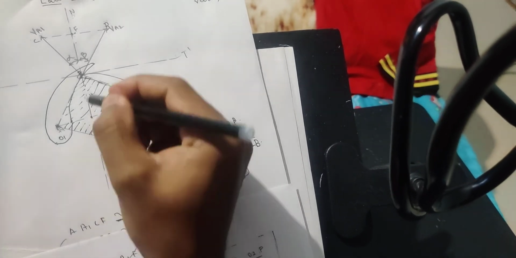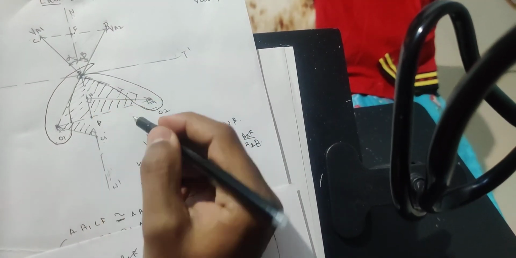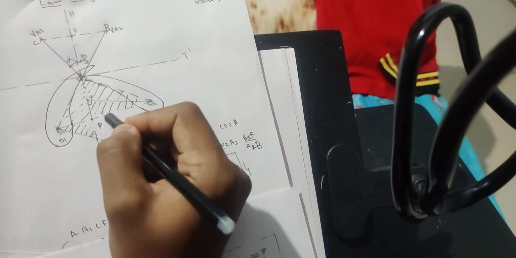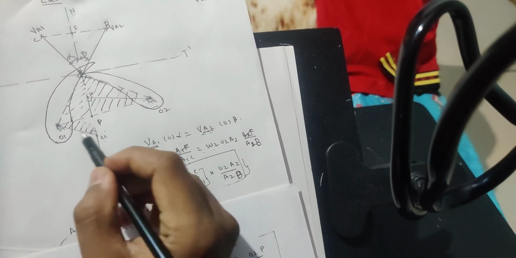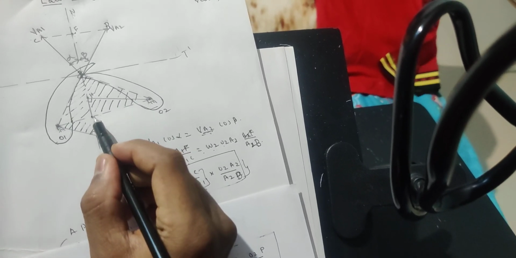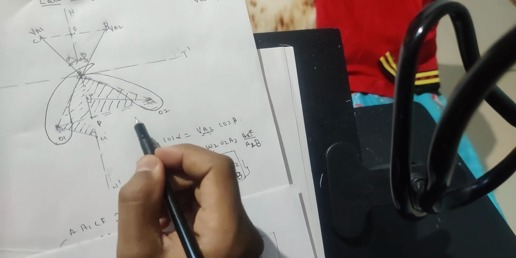A2H upon A1G can be written as O2H upon O1G. Since these two triangles are similar, I took these two lines, that is O2P upon O1P.